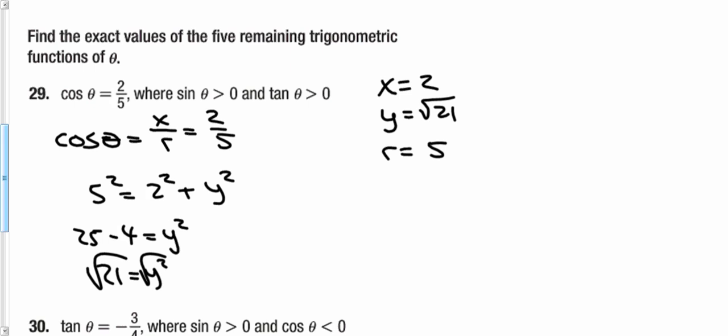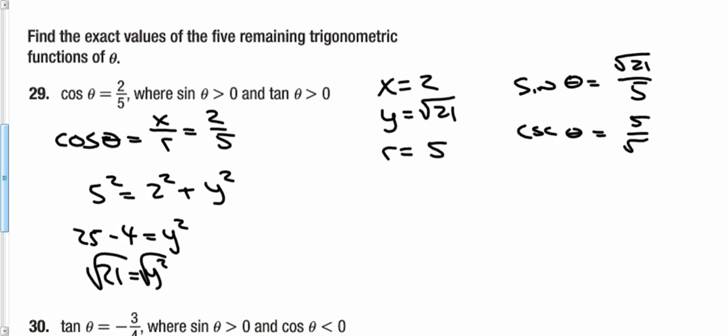But something like cosecant, which is the opposite of sine: if sine theta is radical 21 over 5, cosecant is going to be 5 over radical 21, which we can't leave like that, so we have to rationalize the denominator, so it turns into 5 radical 21 over 21. Pretty much nobody should have a problem with that.